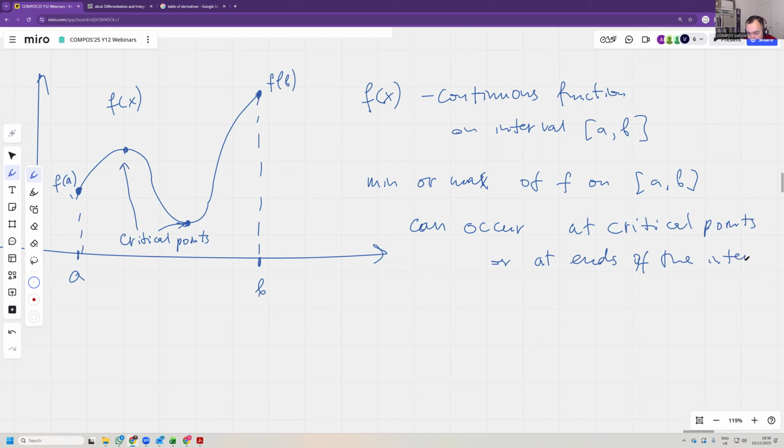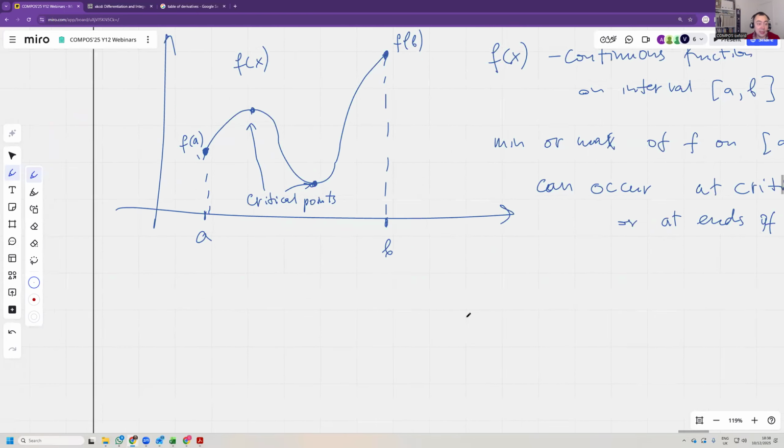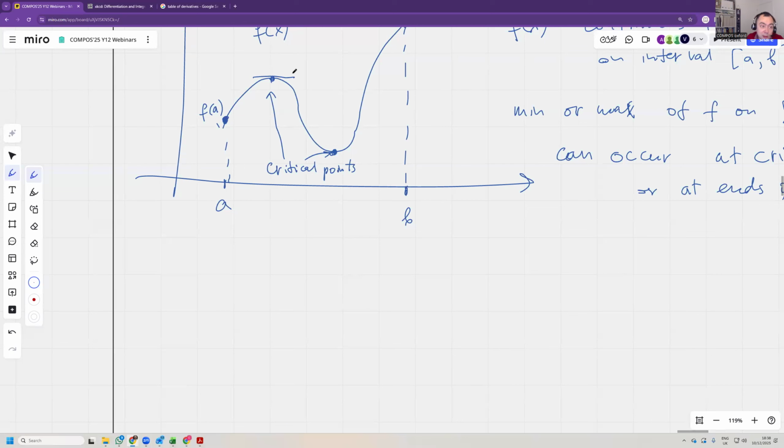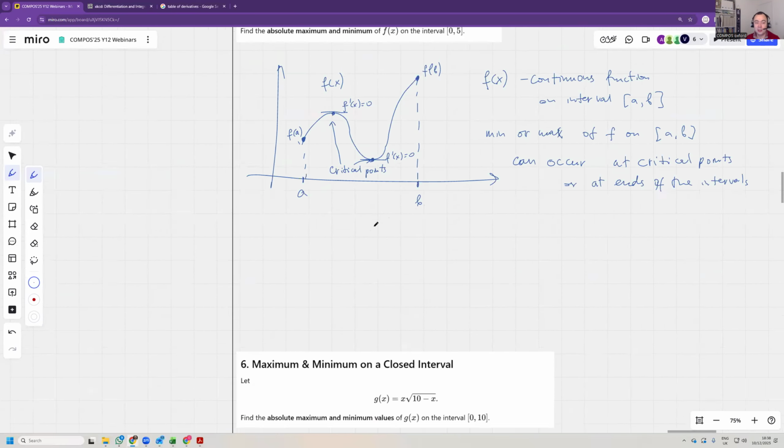So we need to find the critical points. The critical point is where the derivative of the function is 0. f dash of x is 0. And that's what we do.